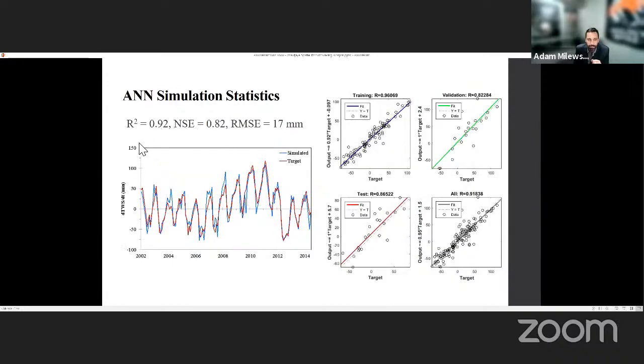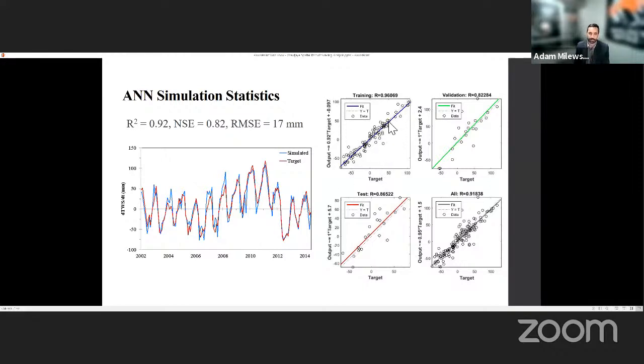And so what does that look like? Well, it turns out that our simulated water storage change is in blue and our target was in red. So we compared the groundwater gauges or wells to our downscaled GRACE water storage changes at a smaller scale, or better resolution. And you can see it has a very high accuracy at a small resolution.